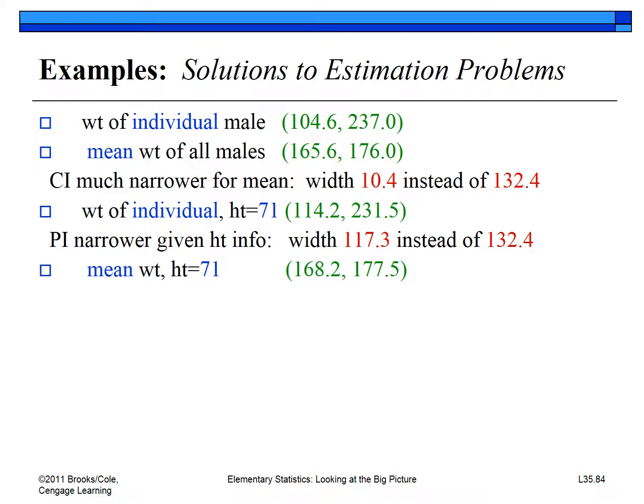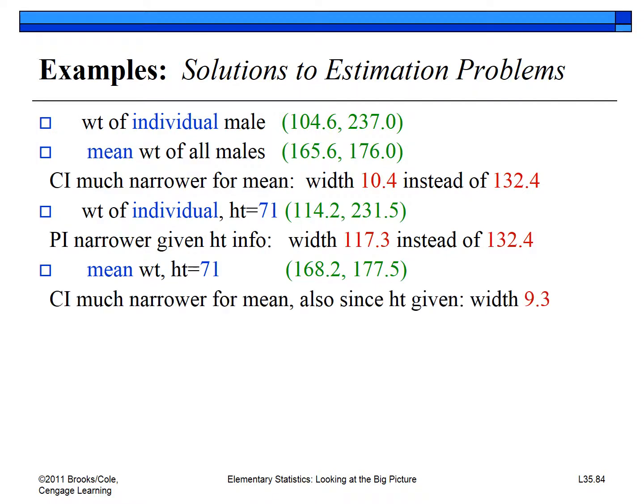We can get a confidence interval for the mean weight. It's 168.2 to 177.5, again given that the height's 71. And again, that's narrower than we saw before. That's because the height was given. We have extra information that increases our confidence.